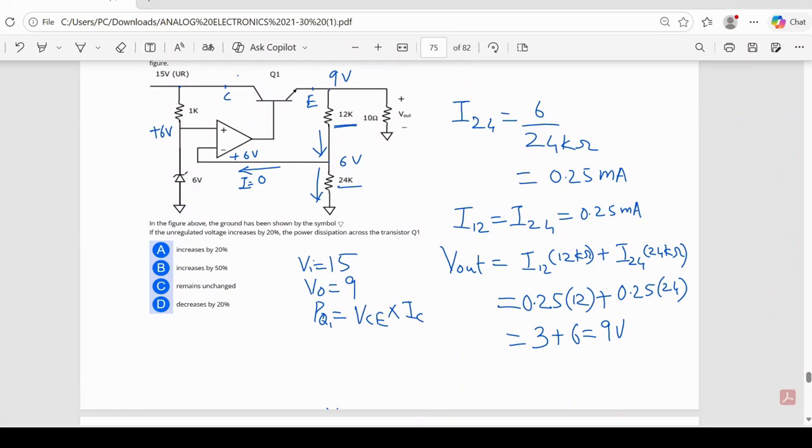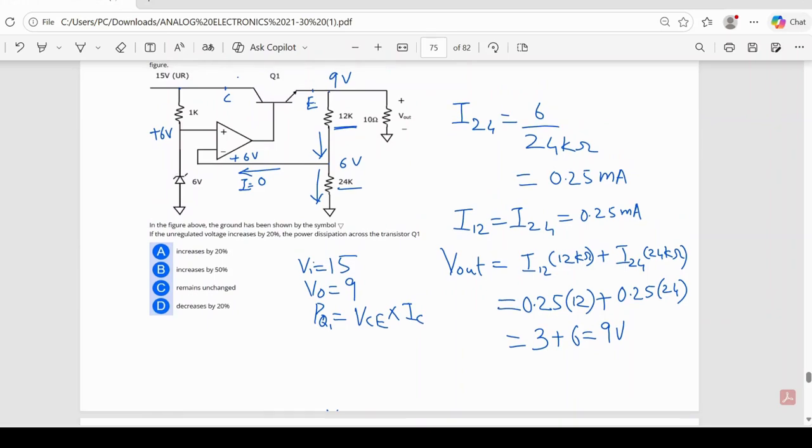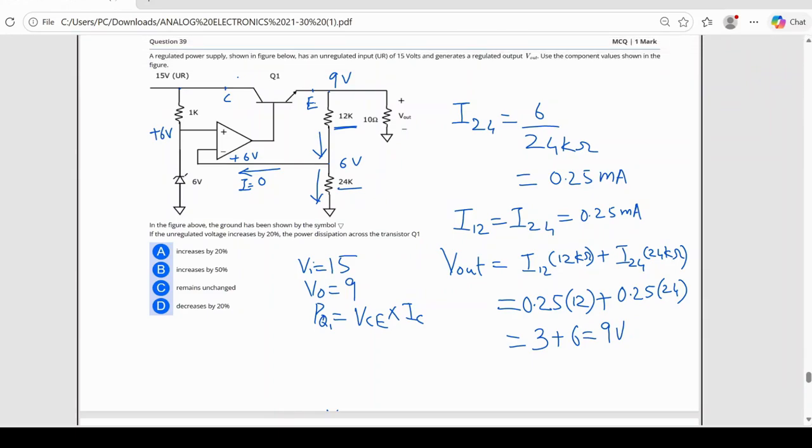So IE is actually I12 plus, let me call this current I10, the current that flows through the 10 ohm resistance.